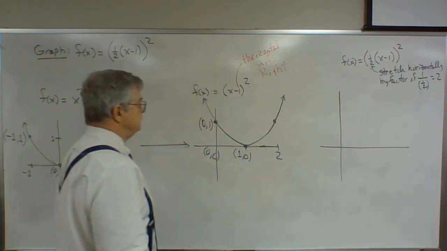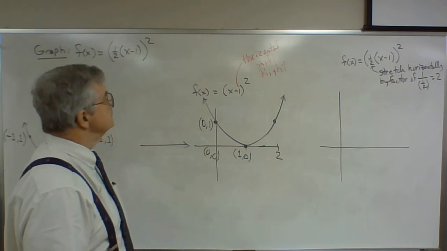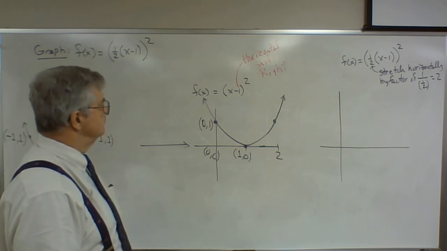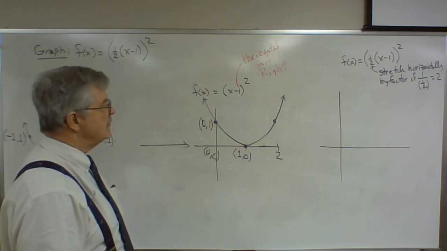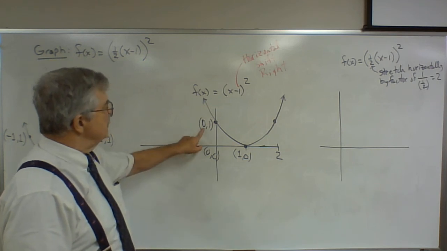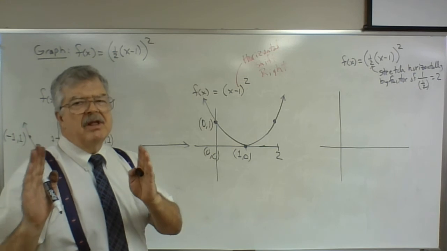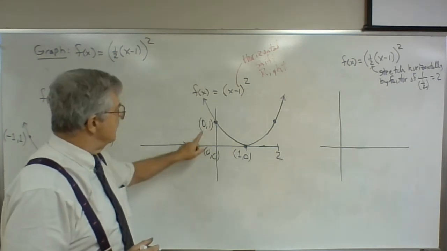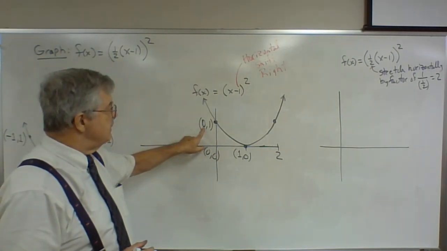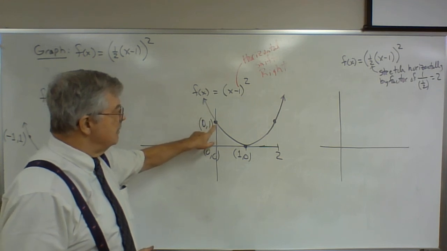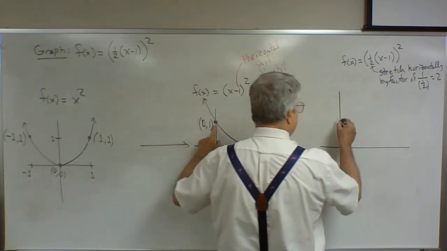Okay? The x coordinate, so in other words, every x coordinate is going to be multiplied by a factor of 2. The x coordinate here is 0, so that point stays right where it is.